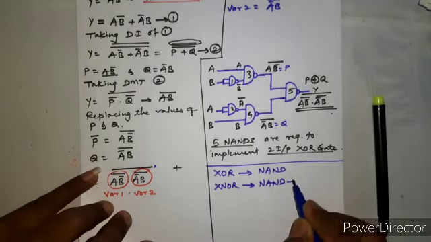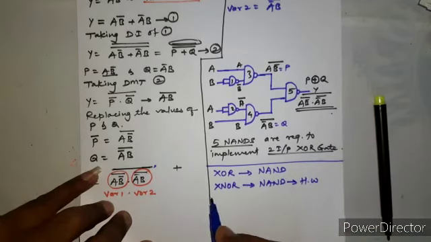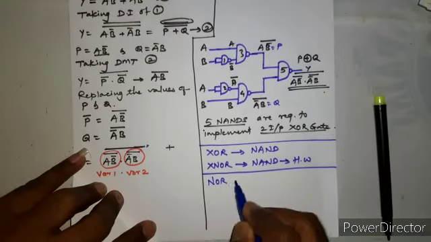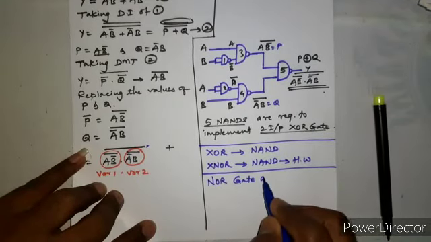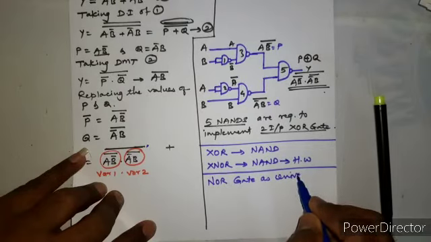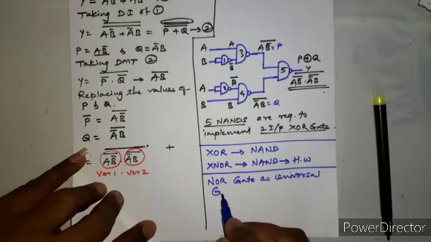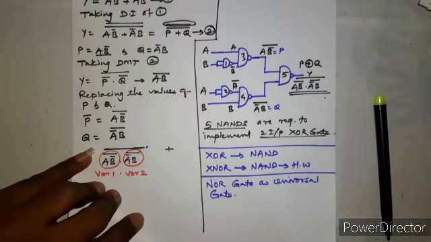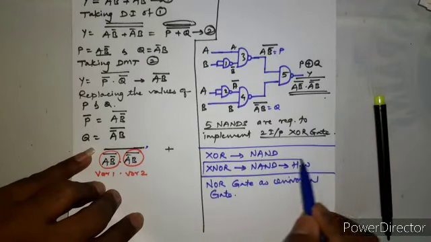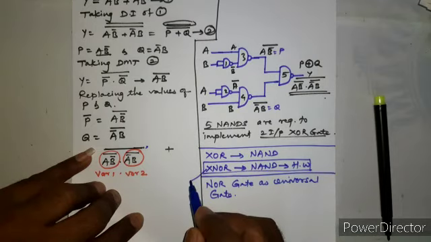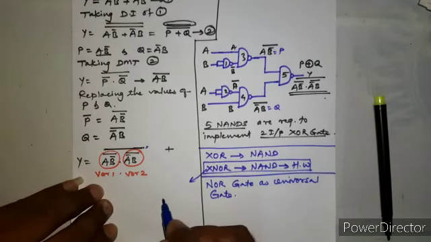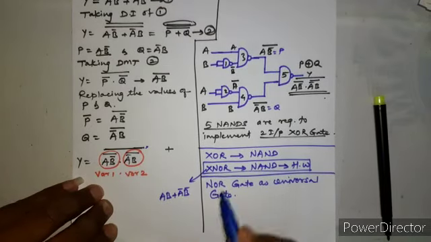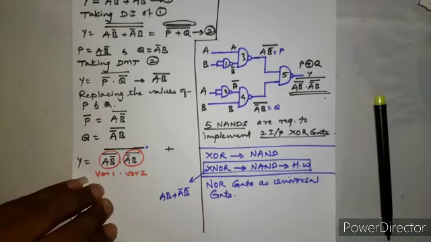Okay, I leave this for homework, and in the next lecture we'll go for NOR gate as universal gate, right? So you just try this. For that you need the equation of XNOR, which is A B plus A bar B bar, this equation.